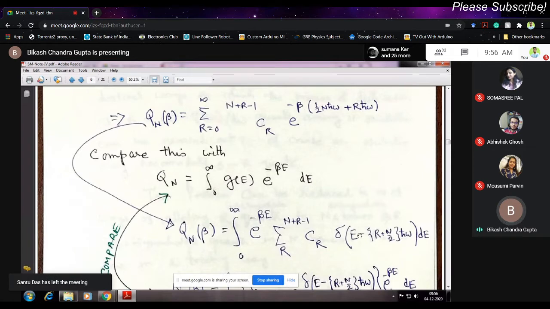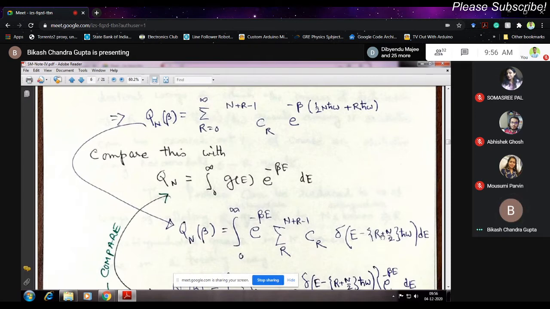So this is delta of E minus E naught, and this is f of E, e to the power minus beta E. Then the integration will be out, and E will be replaced by this E naught. Then it will be the sum over r, e to the power minus beta E naught, n plus r minus 1 C r as it is, and dE is gone. So it would be the sum over r from 0 to infinity, n plus r minus 1 C r, e to the power minus beta E naught.